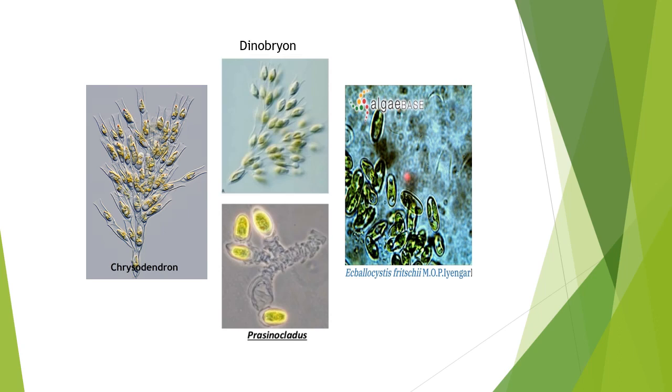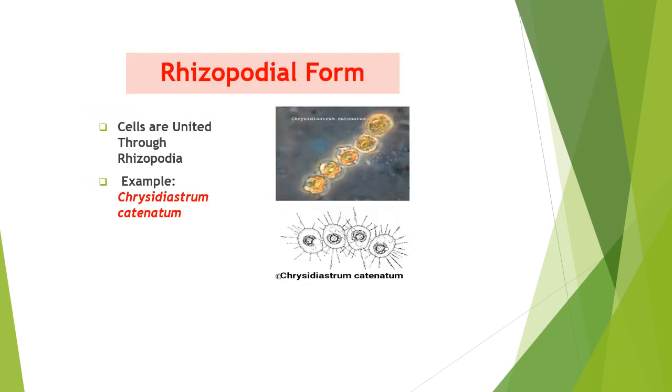So there are other forms which are moving by means of their rhizopodia. Cells are united. This is one cell, another cell, and another cell, but they are connected together, and they are moving with the help of their rhizopodia. So aggregation is there through connections, and then they move with the help of the rhizopodia.